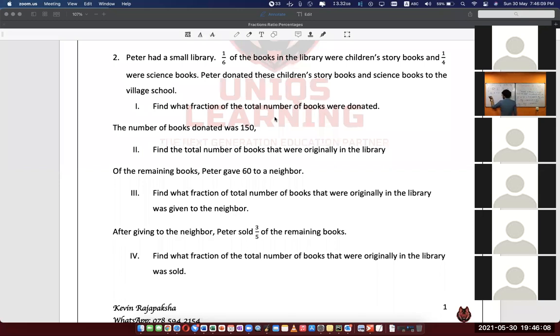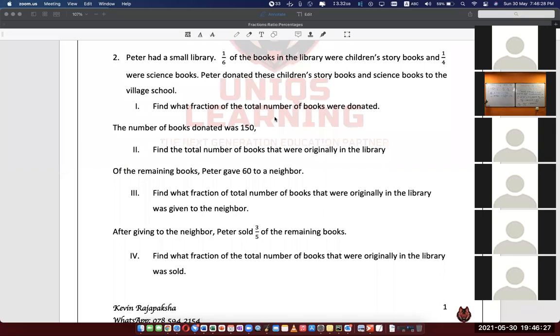So 1/12 is going to be what? If 5/12 is 150, then 1/12 is obviously 150 divided by 5, which is 30. So 1/12 is 30, but they are not asking for 1/12.